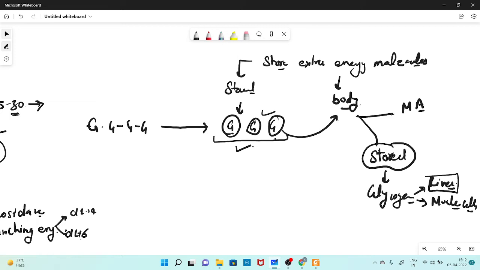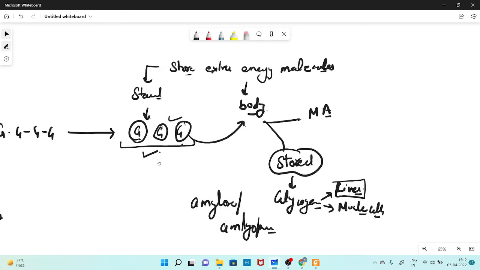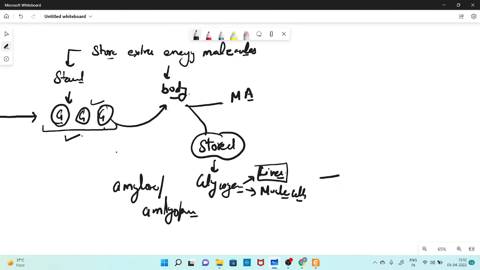Okay? And this one also contains amylose and amylopectin forms, with the same features and the same bonding, alpha 1,6 and alpha 1,4. But in the case of glycogen, branching starts after 8 to 10 sugar units. In the case of starch, it is after 20 sugars. Right?